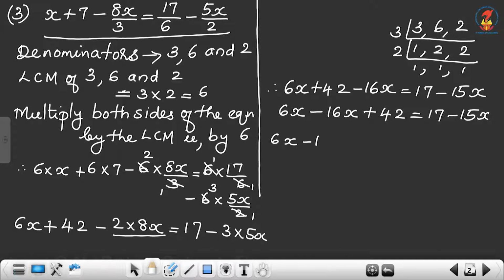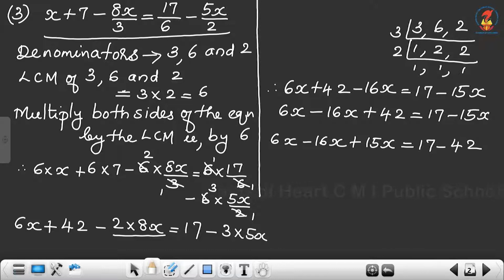So write first what is given on the left hand side, 6x minus 16x, and after that the transposed term, plus 15x, equal to the constants. Write first what is given on the right hand side. So 17 is already there. Write 17. Now transpose 42 to the other side.